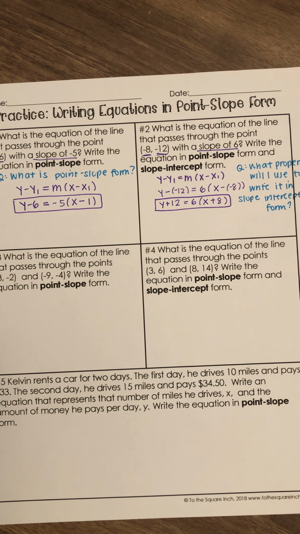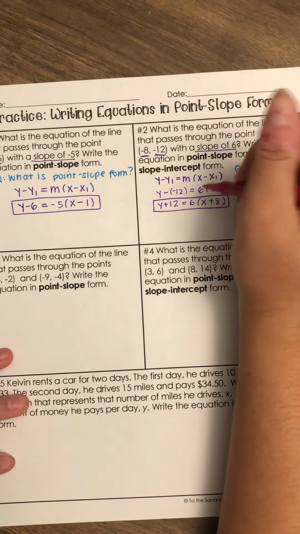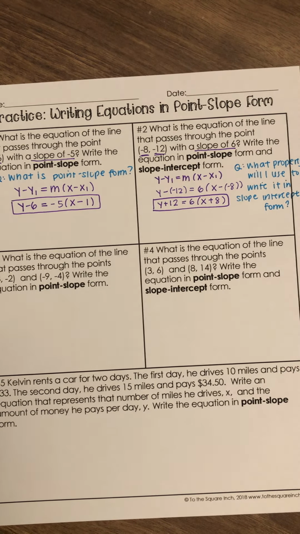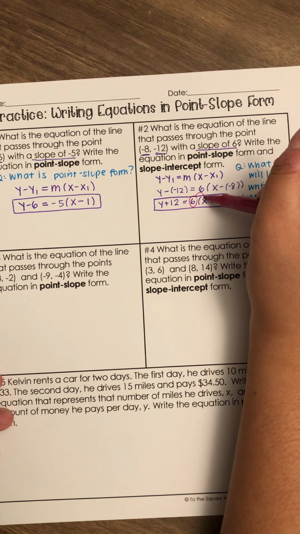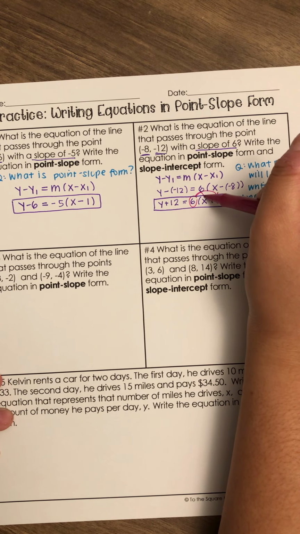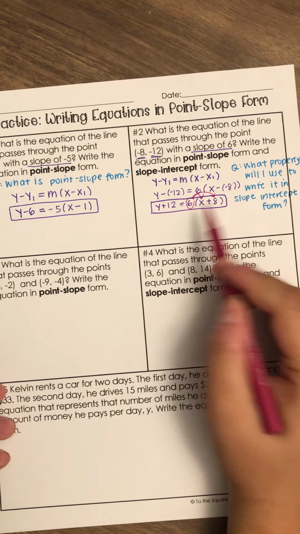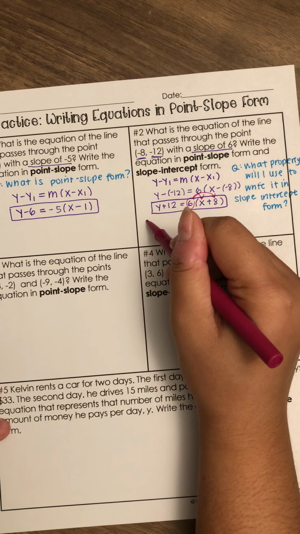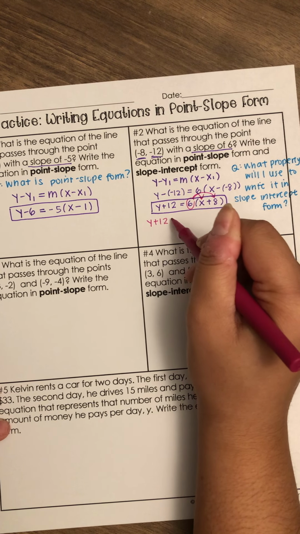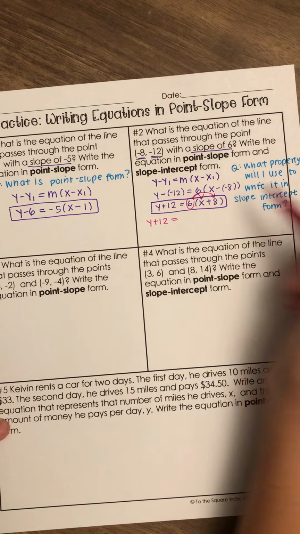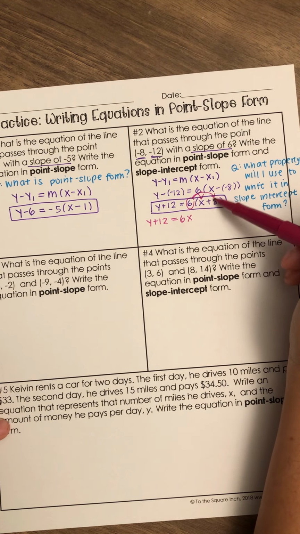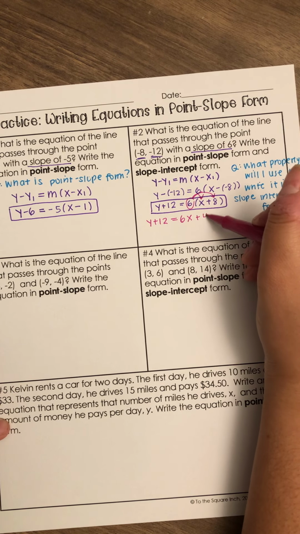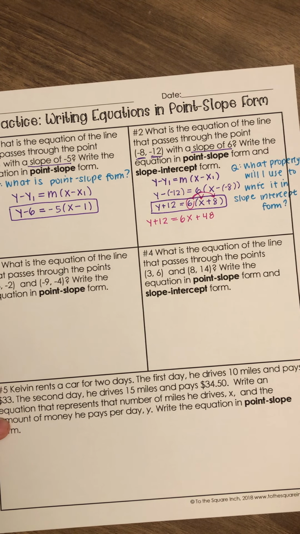If you look at number 8 on the previous pages of notes, you'll see that we are using the distributive property, which tells me I want to distribute this 6 to whatever is in these parentheses. That will give me y plus 12 equals 6 times x, and then 6 times +8, which is 48.